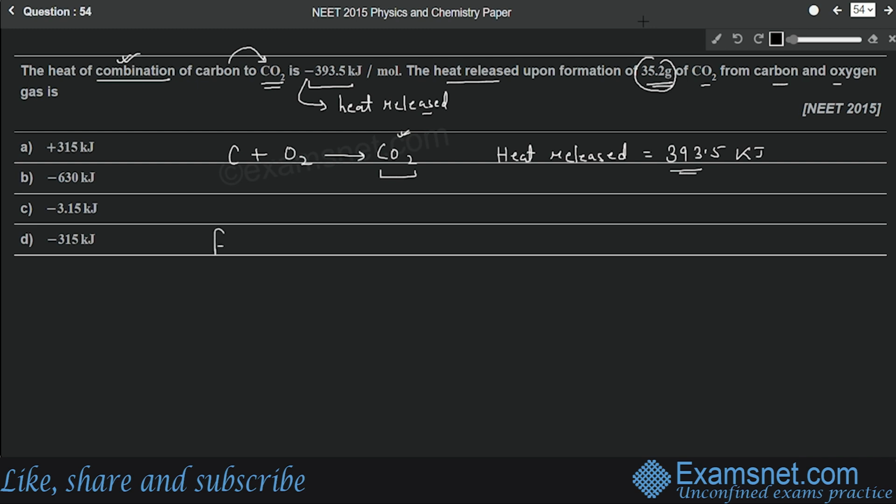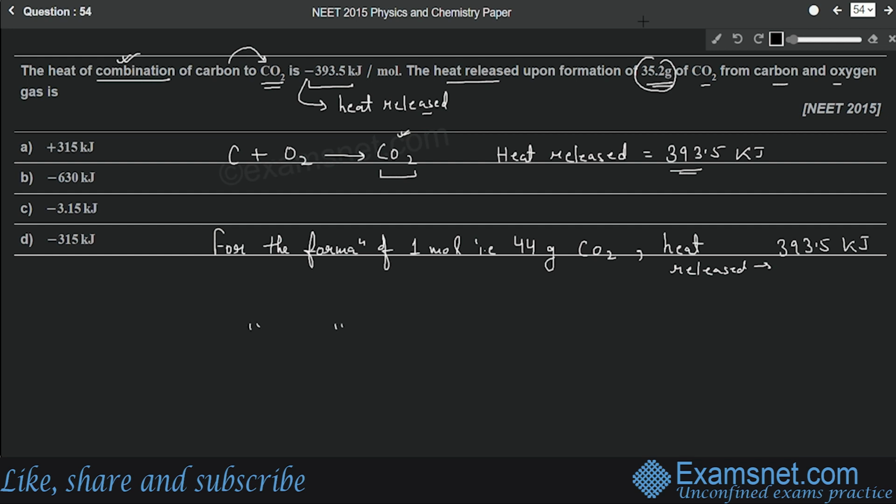So for the formation of 1 mole of carbon dioxide, what is the mass of 1 mole of carbon dioxide? 44 grams. So we can say that for the formation of 44 grams of carbon dioxide, the amount of heat released is 393.5 kilojoule.